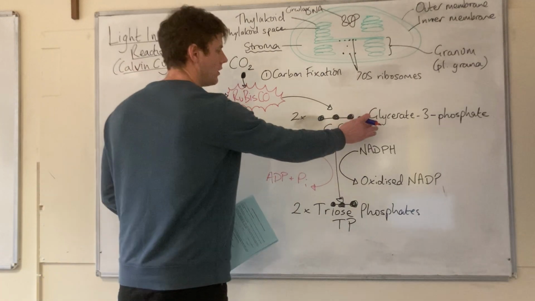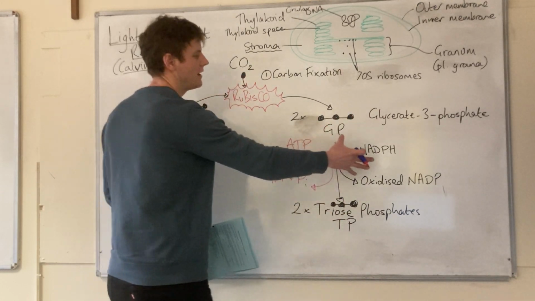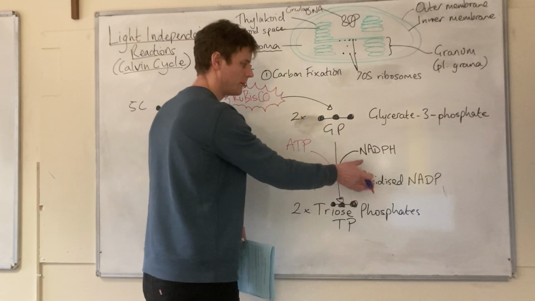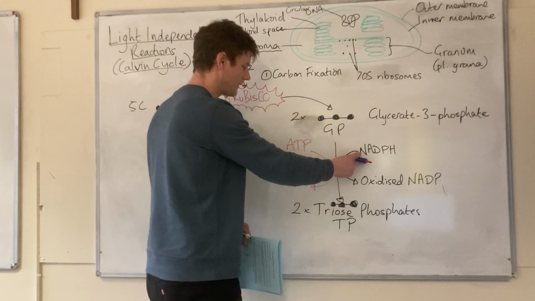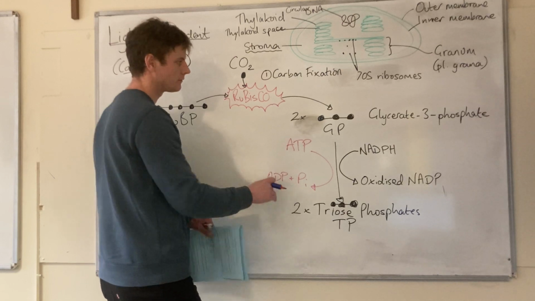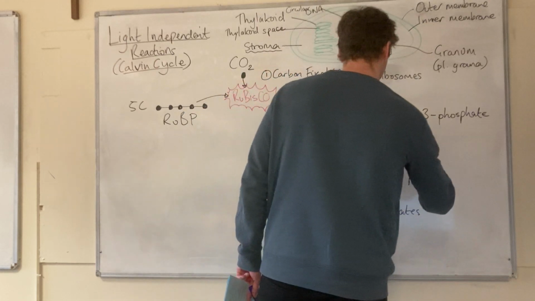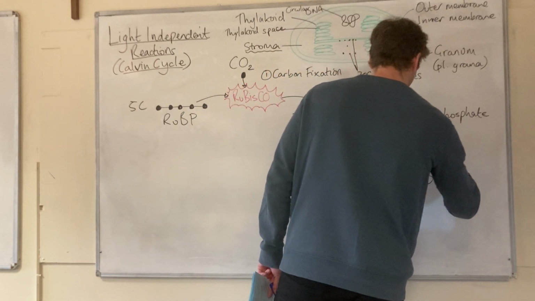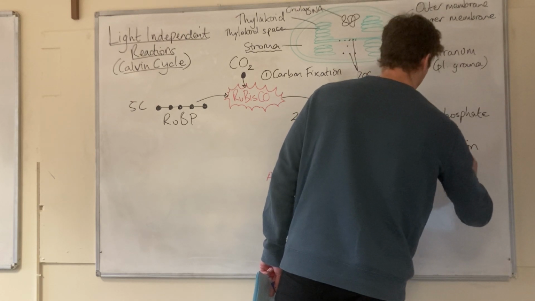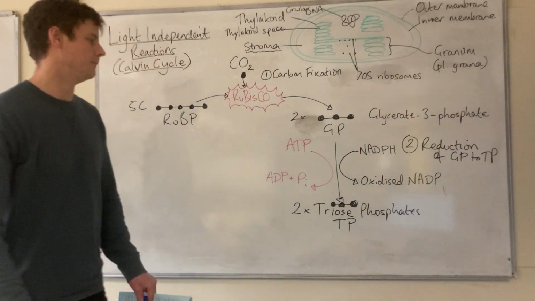So the reduction of GP into TP requires the reducing power, the hydrogen and electrons from reduced NADP, and energy from the hydrolysis of ATP. So we'll call this second stage reduction of GP to TP.